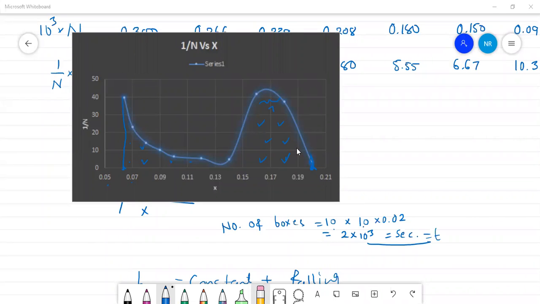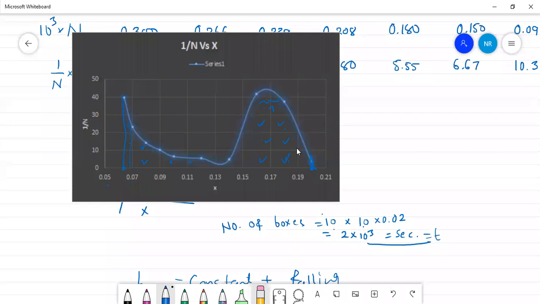Okay, so now here is the total graph. We take the number of boxes: 1, 2, 3, 4, 5, 6, 7. Combined we take 8, then 9, and combined we take 10. So it's an approximation. It's not exactly 10, but nearly 10.